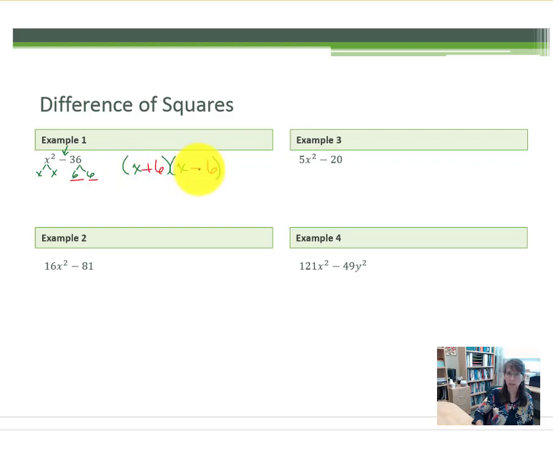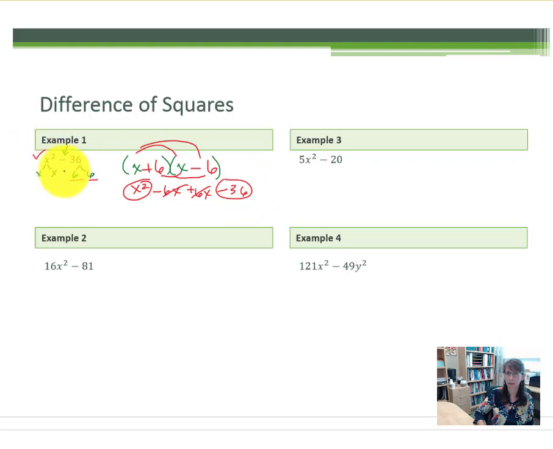But we want to check and make sure. So you can distribute x times x and x times minus 6. That would be x squared minus 6x. And then distribute 6 times x and 6 times minus 6. So that would be positive 6x minus 36. Do you notice here in the middle, these like terms cancel, and it leaves x squared minus 36.